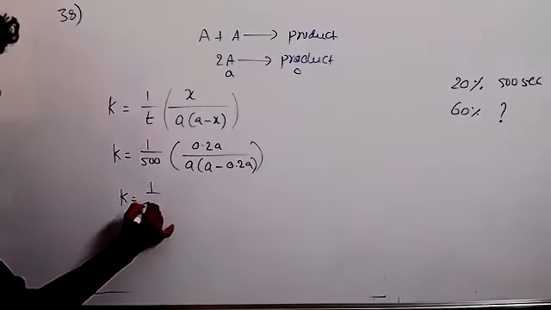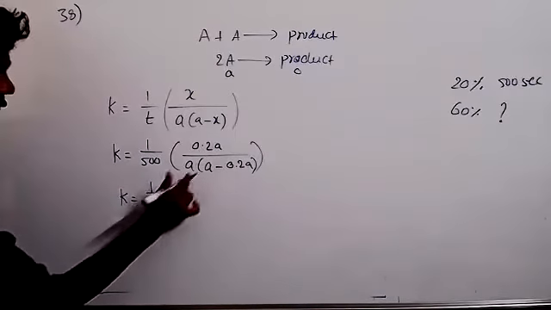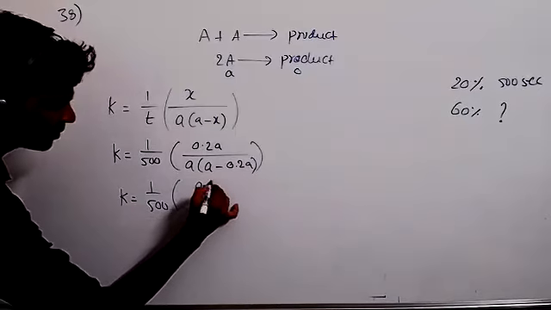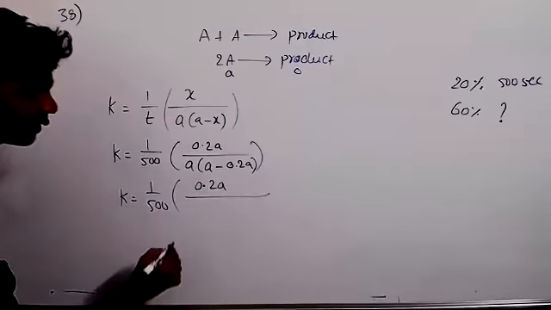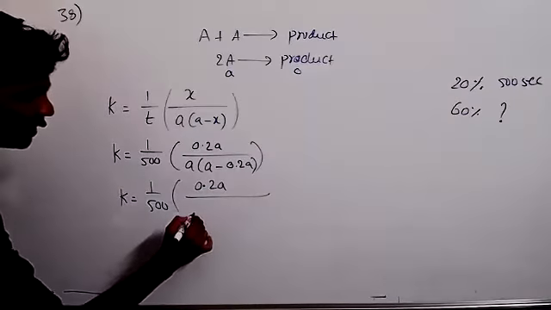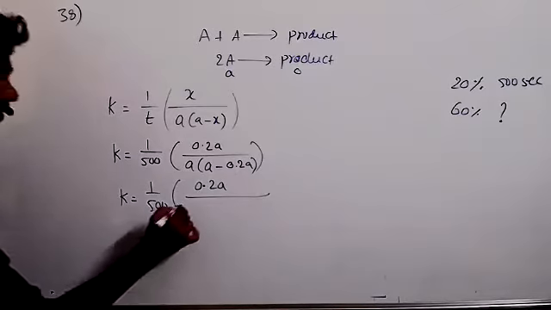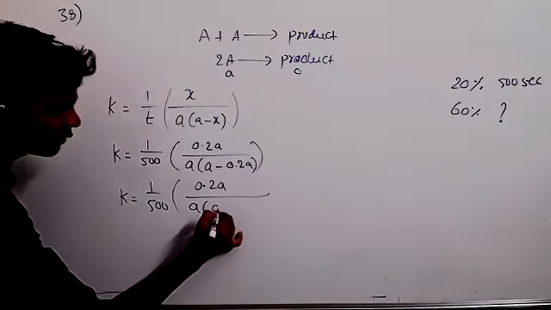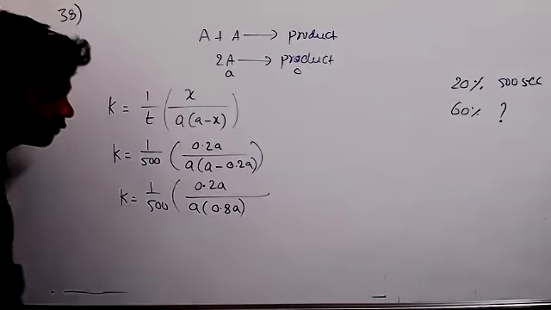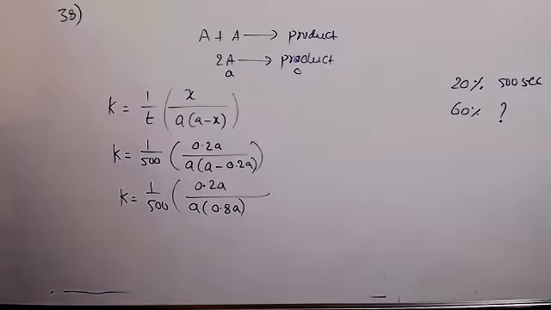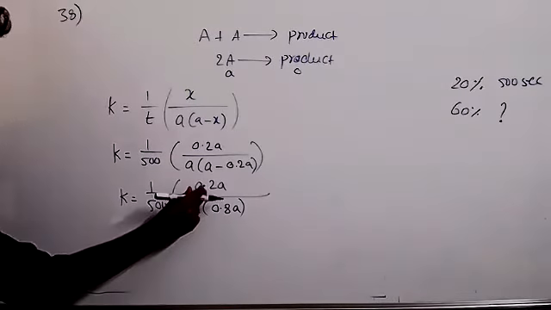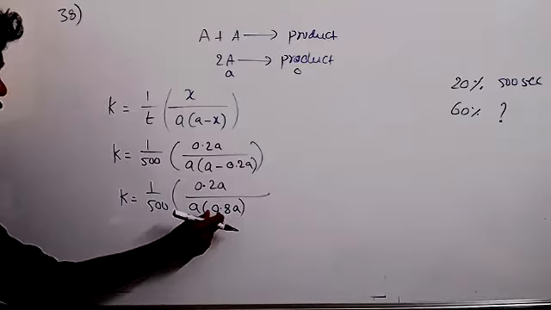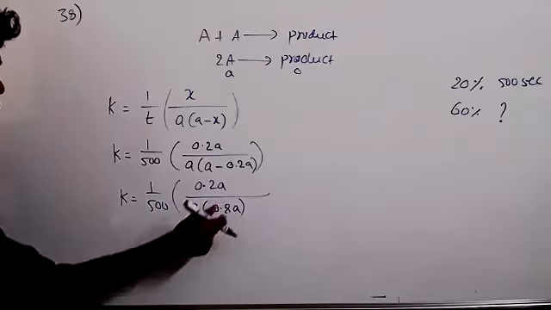K is equal to 1 by 500, 0.2A divided by how much? A into 0.8A. So 0.2 by 0.8, that is 1 by 4, so 4 times.